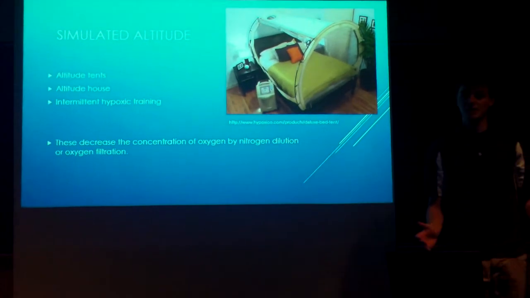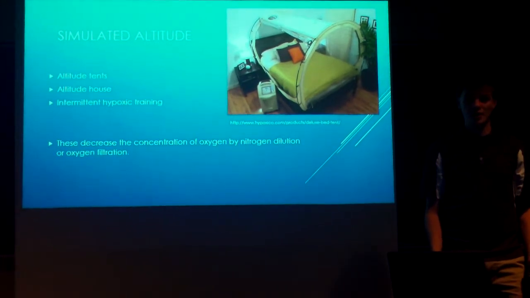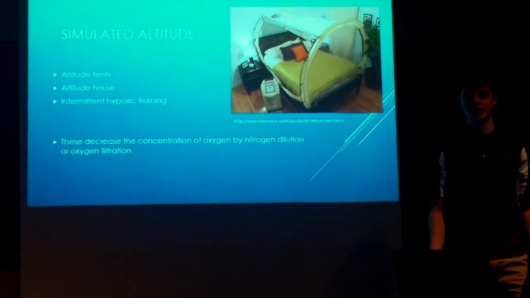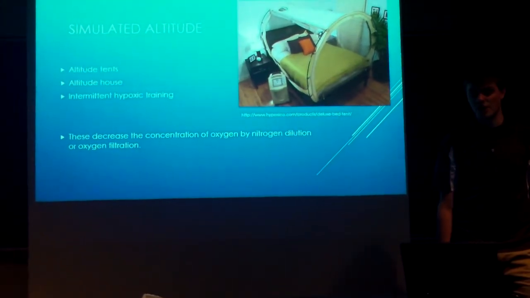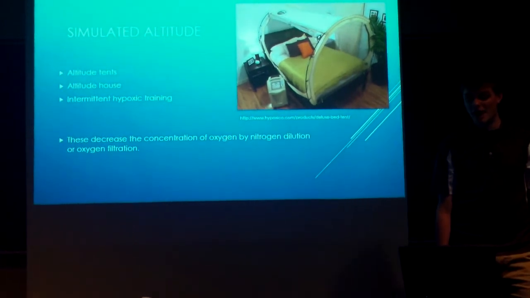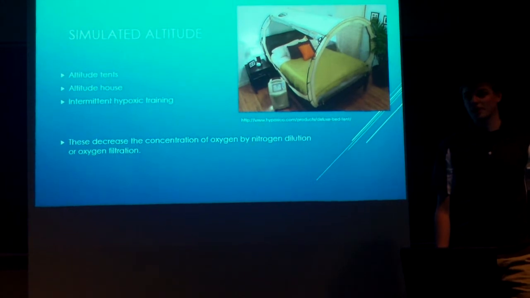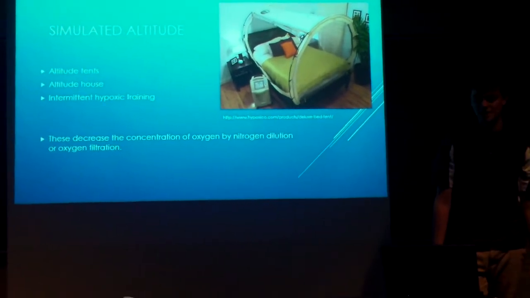Some techniques, like I said earlier, live high, train low isn't always practical. Maybe you're in a flat region, you don't have access to a hill or a mountain. Some techniques that can be used are basically hypoxic chambers. You'll have altitude tents. All basically use different methods to reduce the oxygen content.